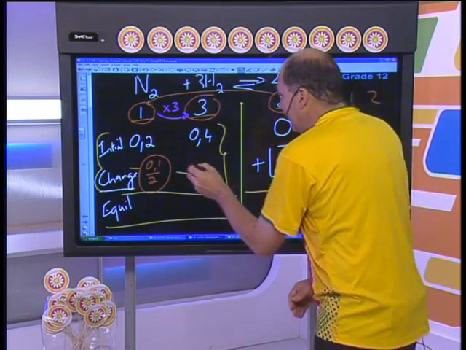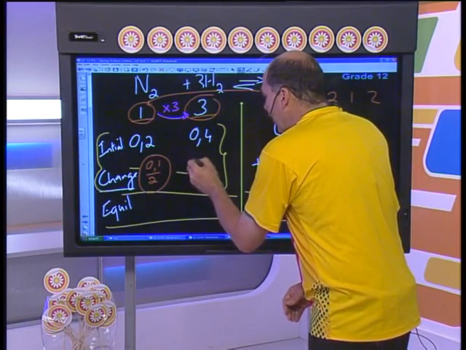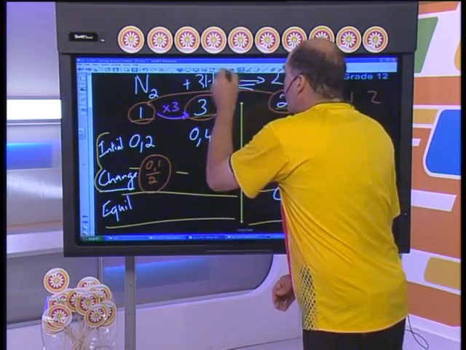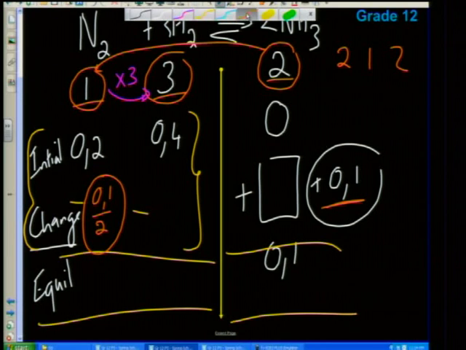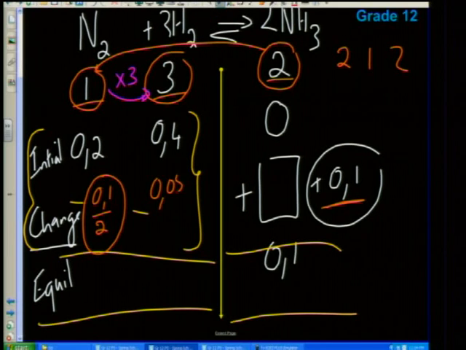So notice that I've got to take the answer there, which was in the orange, 0,05, multiply that by 3, and it will give me my answer there, which will be 0,15. I hope that's very clear. Then, to get my equilibriums, I just simply subtract and do the process over. I've broken it down for you, and I hope that makes more sense.